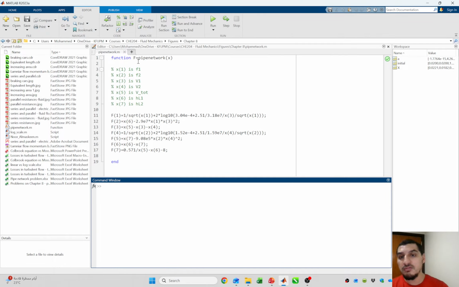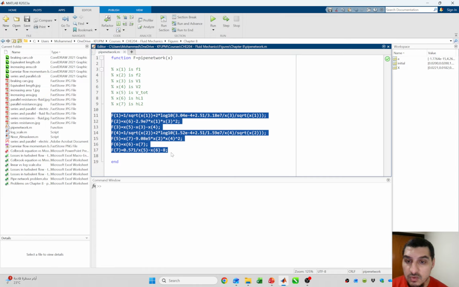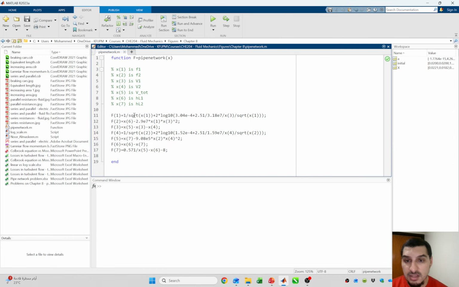I have here a function that I called pipe network, and the way it works in MATLAB is that you have to name them all as x1, x2, x3, up to x7. So I wrote this note here for myself to know that x1 is f1, x2 is f2, x3 is v1, x4 is v2, x5 is v total, and 6 and 7 are hl1 and hl2. I just rearranged the equations so they are all equal to 0.